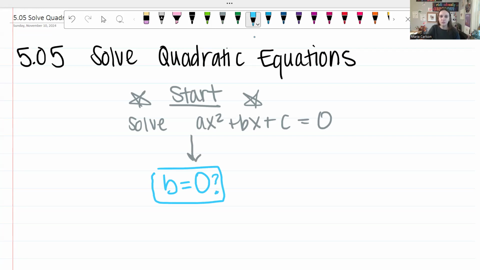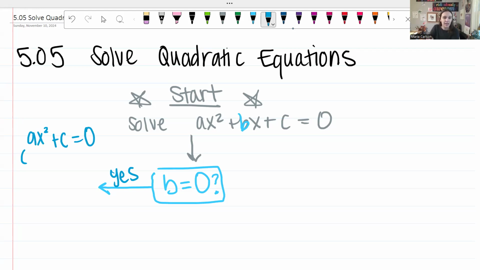So look at your b value. Is it equal to 0? And let's imagine for a second that b is actually equal to 0. So if it is, then I don't have a b term. So maybe I have ax squared just plus c is equal to 0. Or oftentimes we might see that form that doesn't have the expanded trinomial.